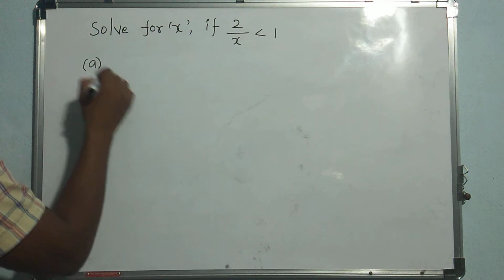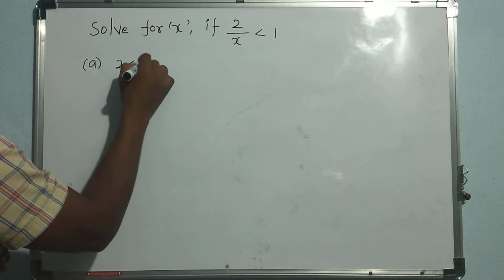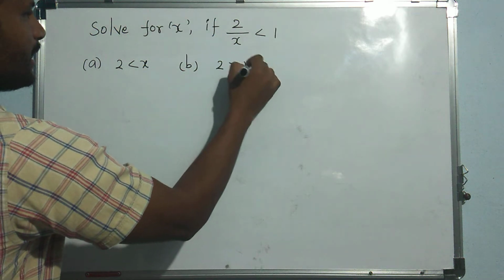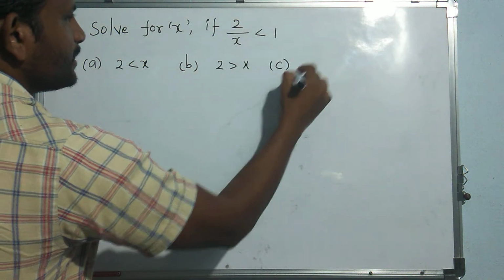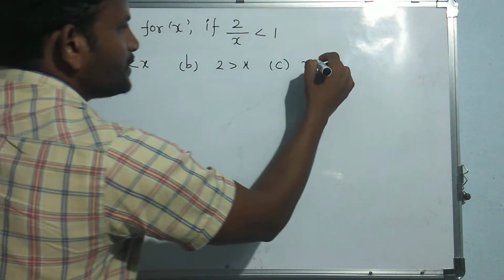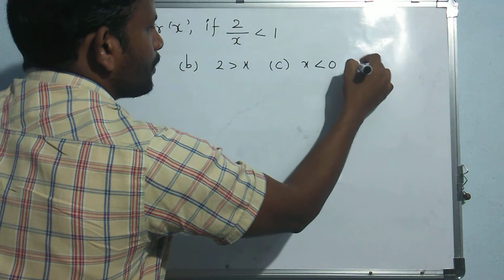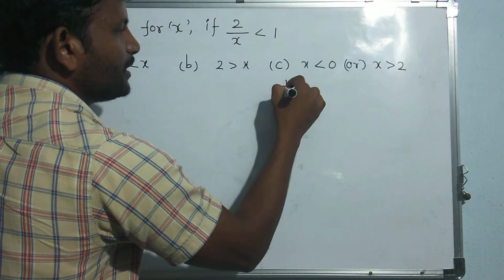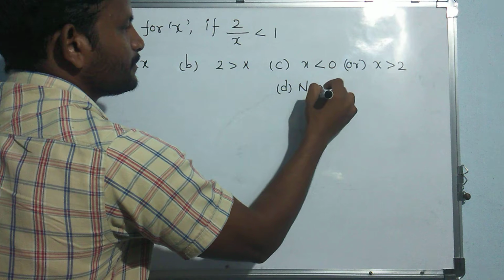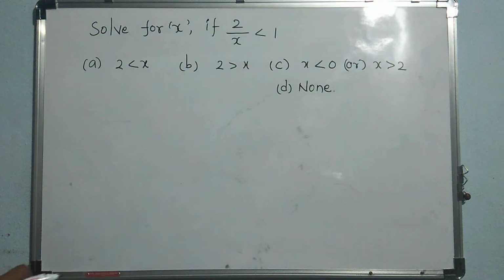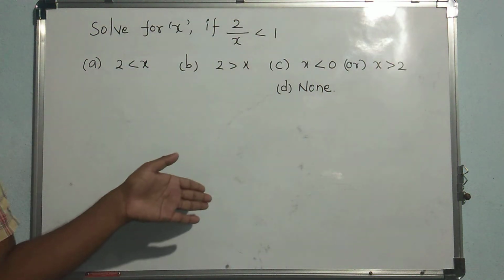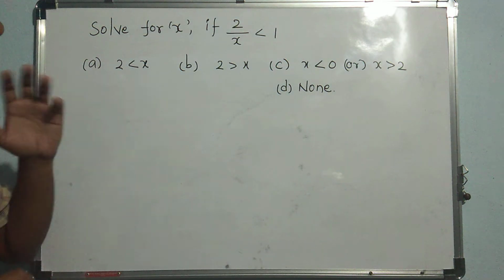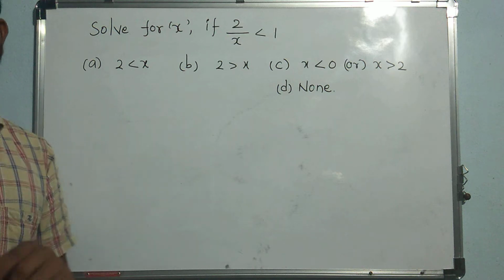Option A is 2 less than x, option B is 2 greater than x, option C is x is less than 0 or x is more than 2, option D is none of these. So you can pause the video and see what solution you are getting here, and I will explain this problem with a logic.